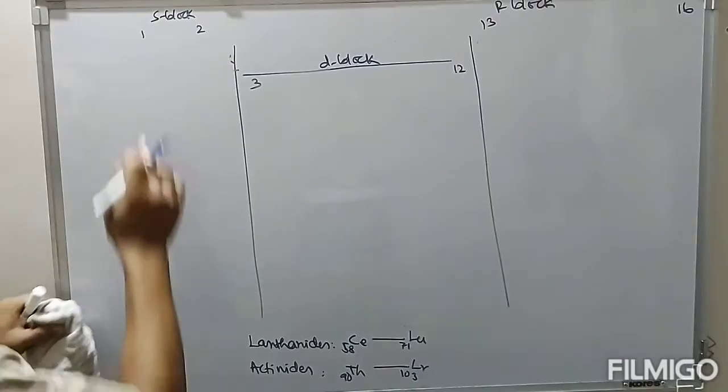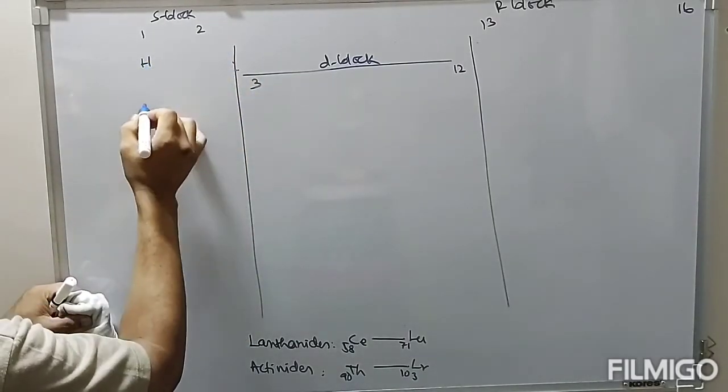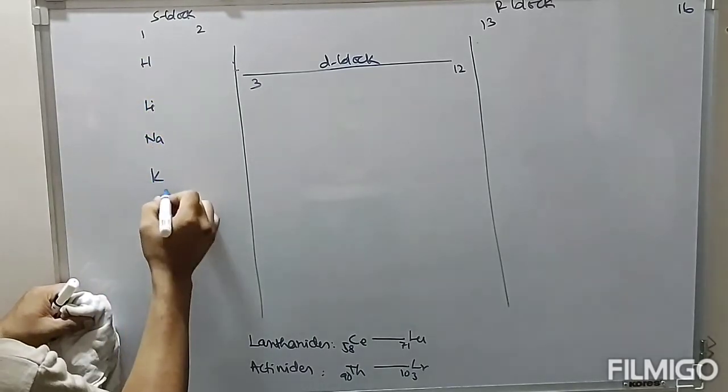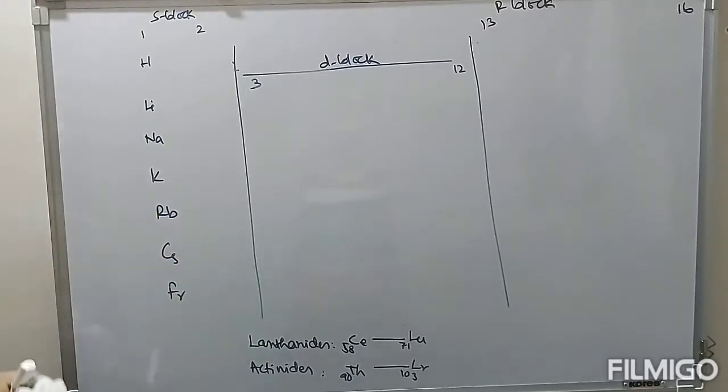We have hydrogen, lithium, sodium, potassium, rubidium, cesium. The last one is francium.